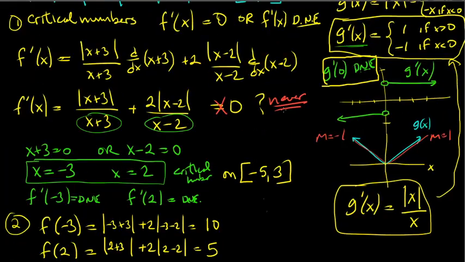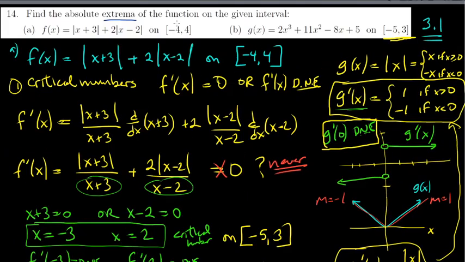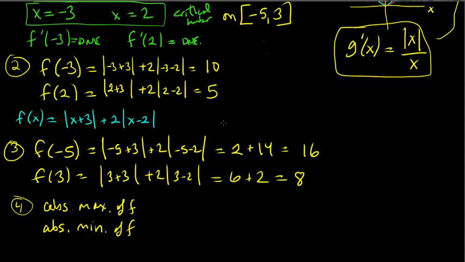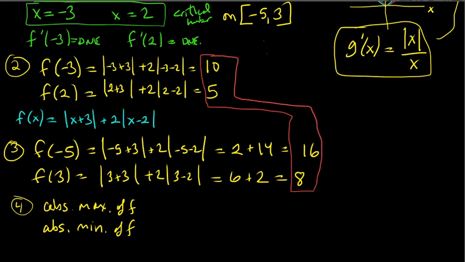See that? Yep, absolute extrema, maximum and minimum. Well, it's got to be one of these numbers, either these numbers or these numbers. So out of those 4 numbers, which number is the biggest? Obviously the 16. I hope you can see that.